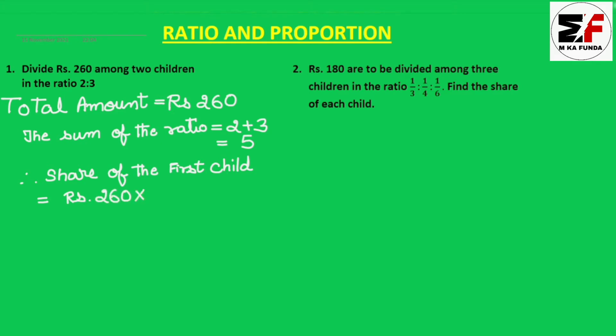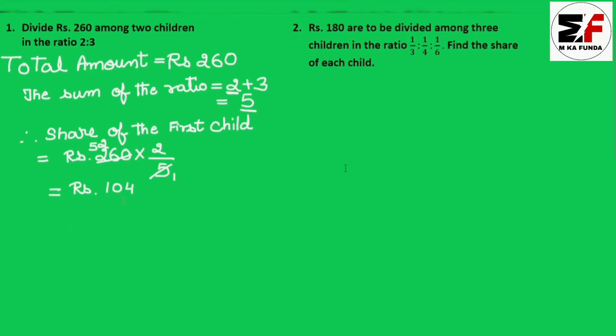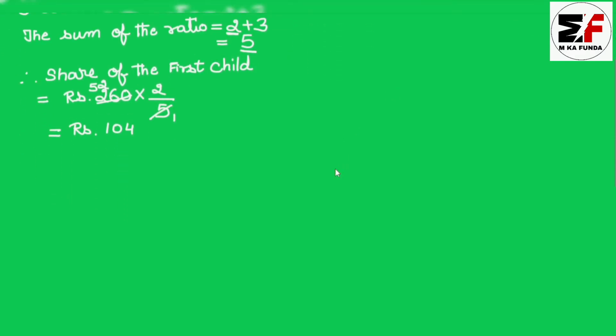It will be multiplied by the first ratio. That was for first boy or first child. So we write 2 upon the total of the ratio, 2 upon 5. Now let's reduce it. 5 ones are 5, 5 5s are 25, 1 carried, 5 twos are 10. So all total we are getting rupees 104.